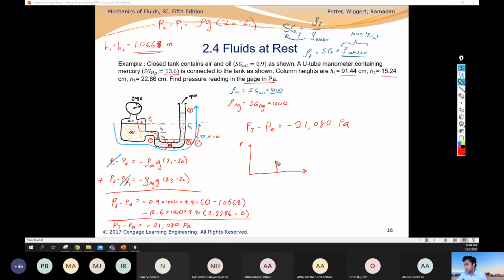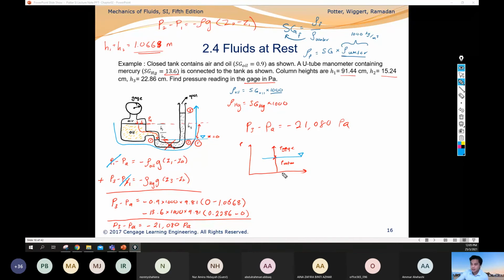the first is the PATM, and above the PATM, normal case, it is a P gauge. So when it is the P gauge, our reference value is the PATM. So this is our datum.